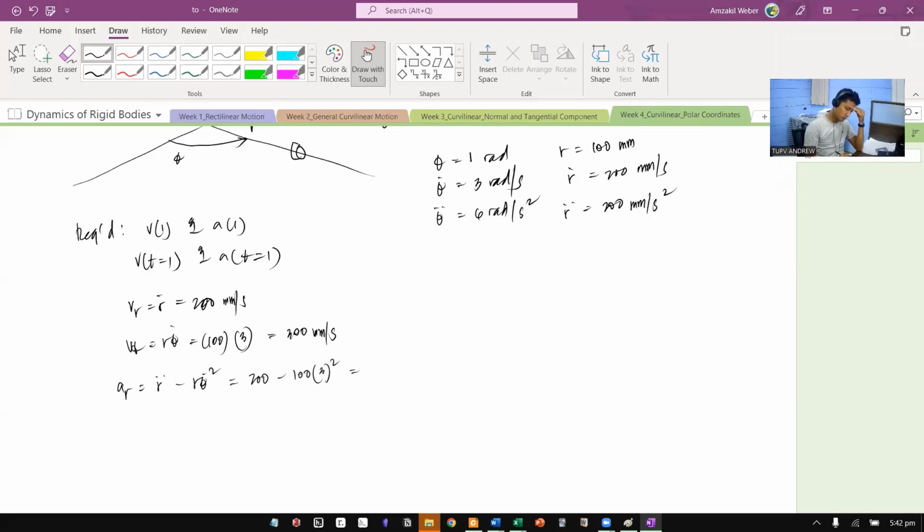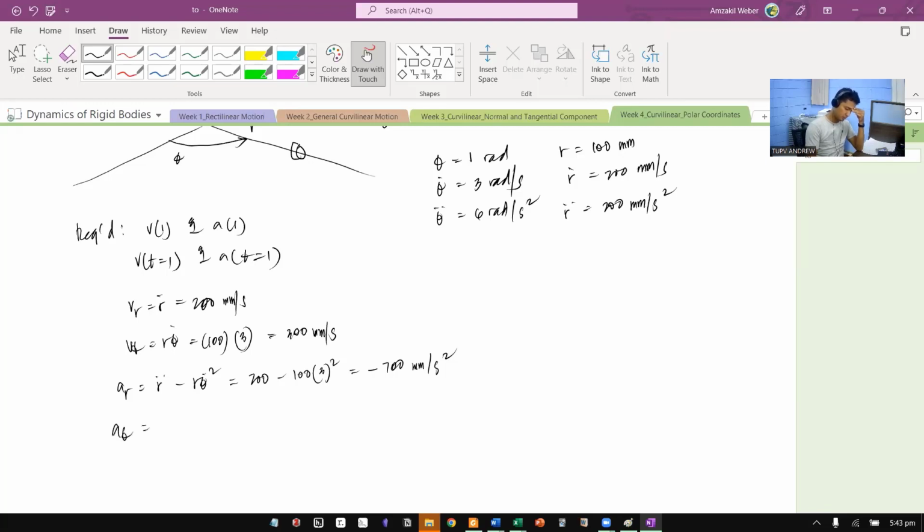What is the value? 200 minus 100 times 9, that is 900. 200 minus 900 is negative 700 mm per second squared.